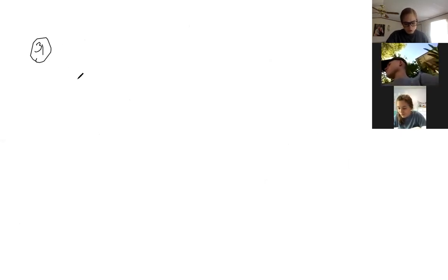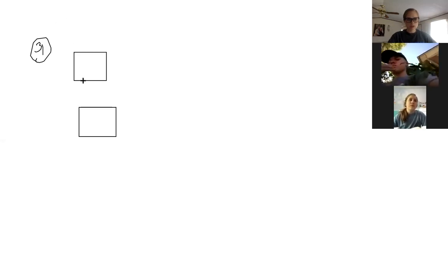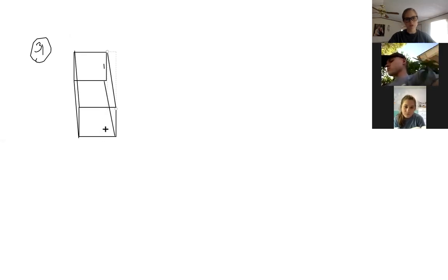Find the ratio between the volumes of 2 cubes whose edges are 6 inches and 3 inches respectively. So here I've got a cube. This is a really off cube, I apologize.